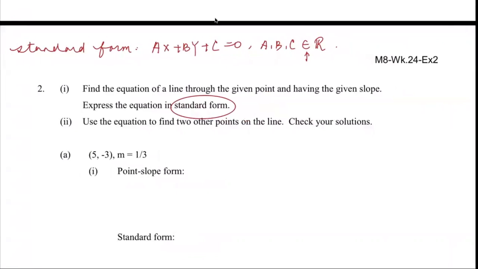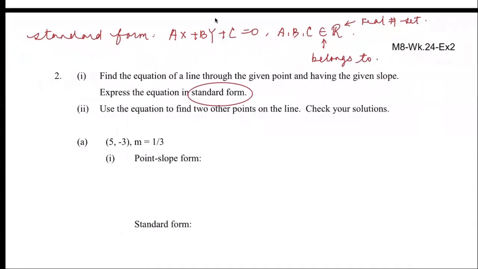I think this is not the first time I introduced this to you. And this is just a weirdly written R. This symbol represents the real number set. So this whole thing basically means A, B, C are all real numbers. So this is standard form.